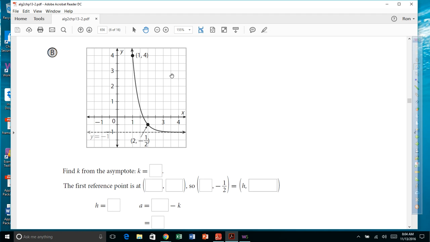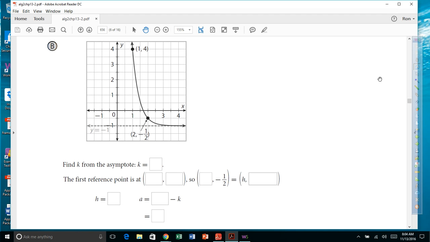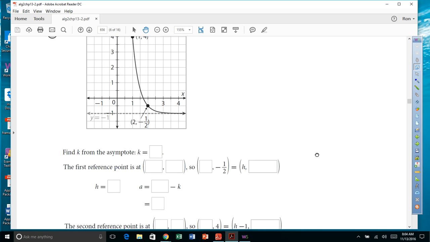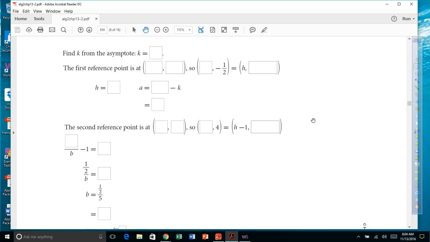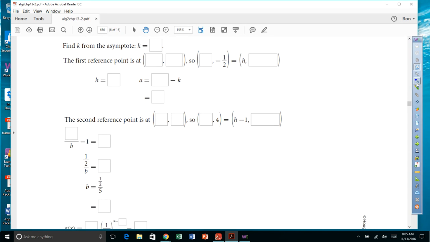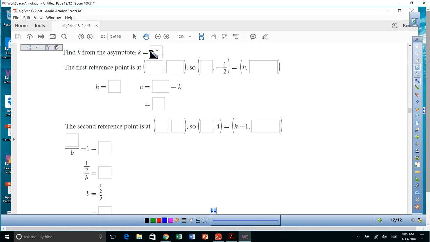Notice we're given a couple reference points here. Those are very helpful. Okay. So we want to find K from the asymptote. And that's pretty easy. Y equals -1. So let's put that. Y equals -1, or K equals negative 1.